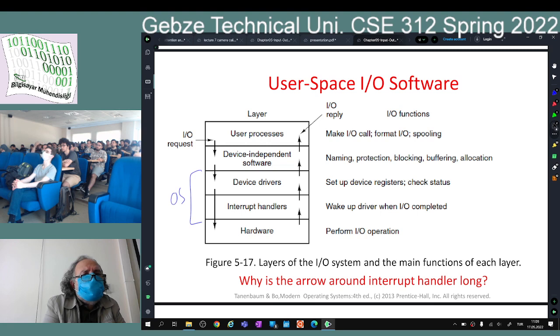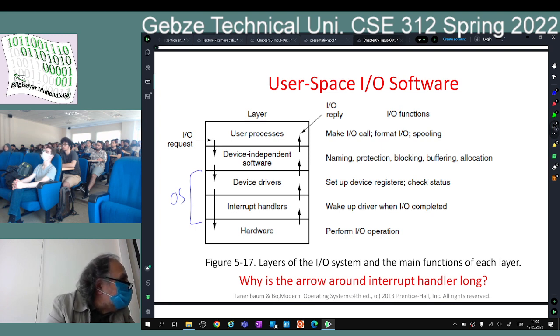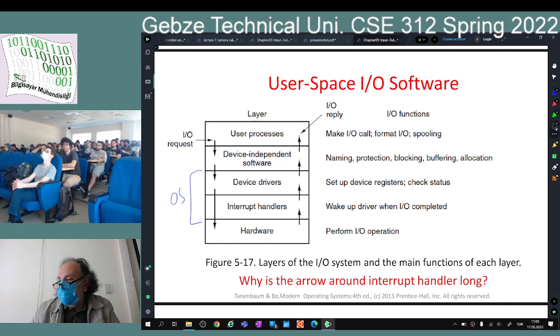Then just get rid of these interrupt handlers altogether and handle it that way. Maybe it's device independent, so it doesn't have to discern between different ones. It is the same for every device driver, the communication with the hardware. So I am asking the reason why. Because we are using device independent I/O.